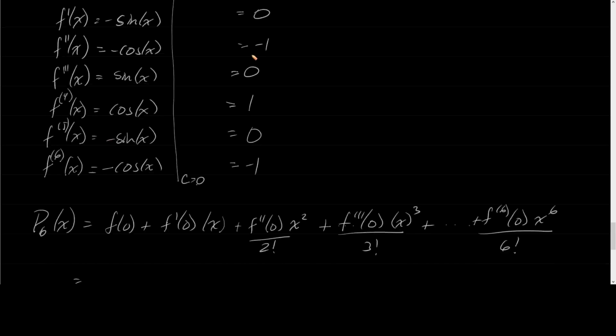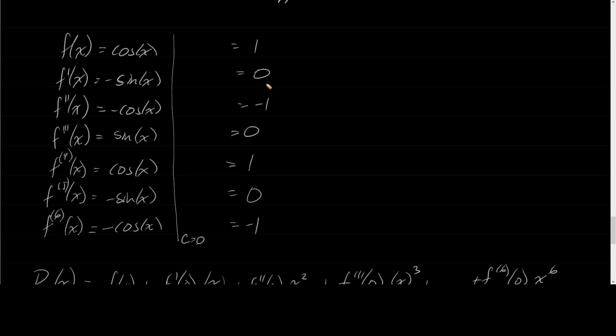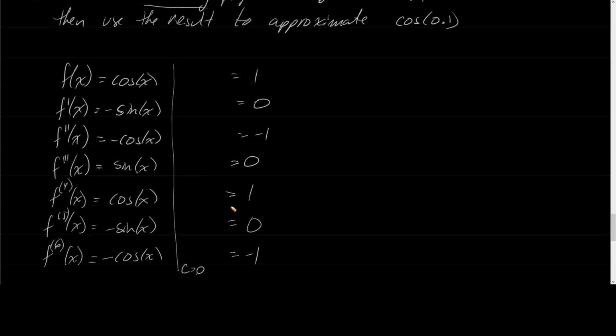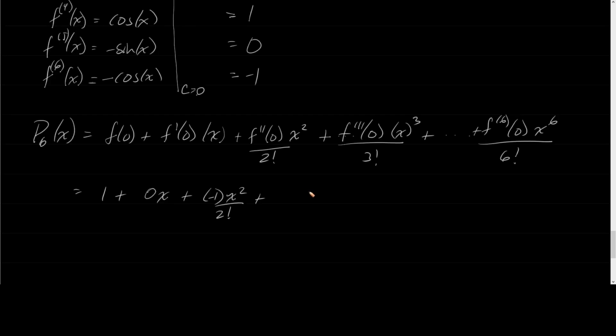Well, we had 1. So we have 1 plus the first derivative evaluated at 0, so 0 times x, plus the second derivative times x squared over 2 factorial. But what was the second derivative? Negative 1. So we have here negative 1, plus the third derivative times x cubed over 3 factorial.